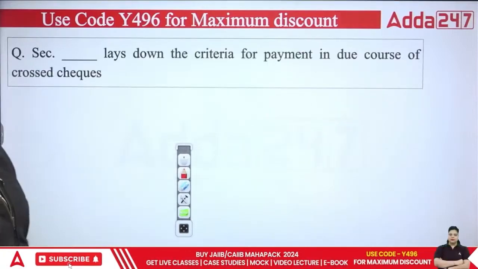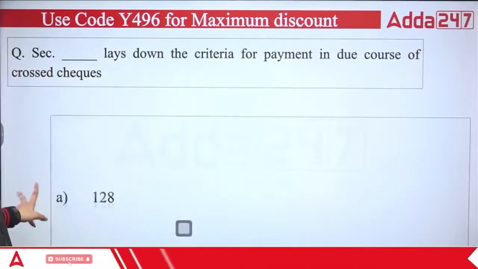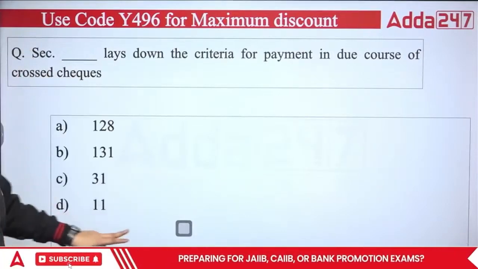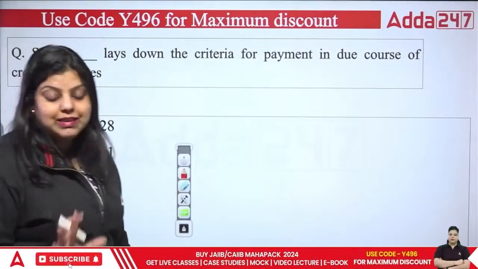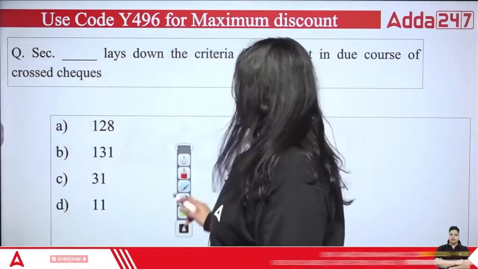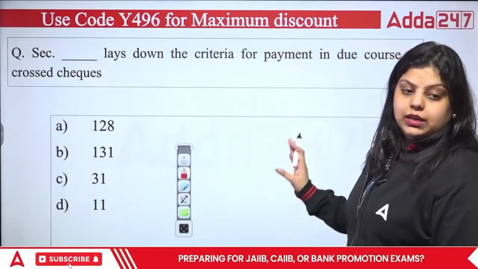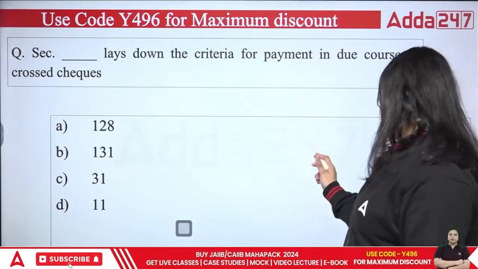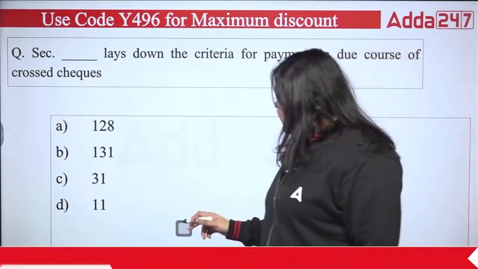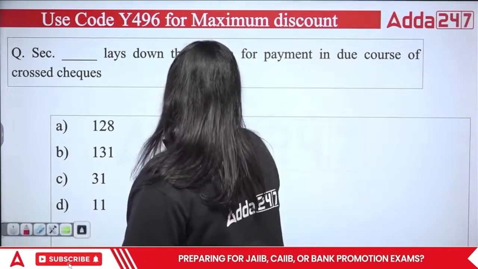Now section dash lays down the criteria for payment in due course of a crossed check. So which section is it? Section 121, section 131, section 31 or section 11? The question is asking about the criteria for payment in due course of a crossed check. If we talk about crossing, there are three types of crossing.